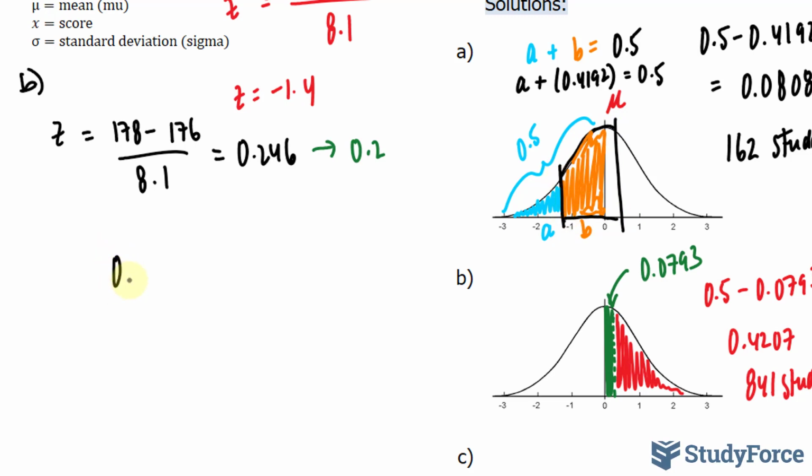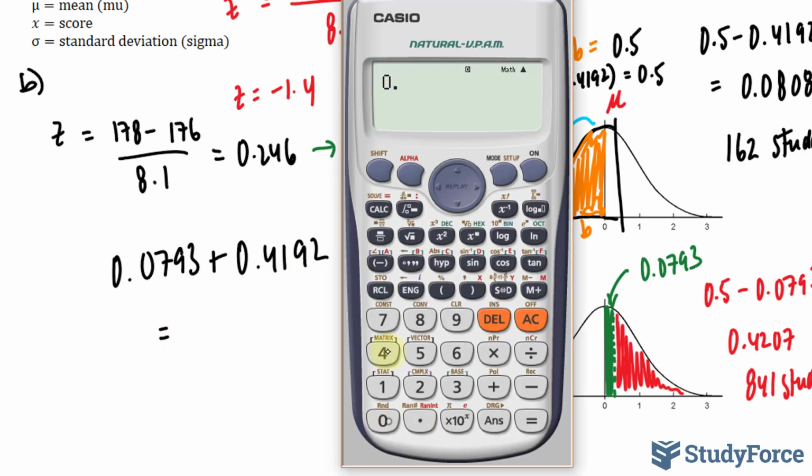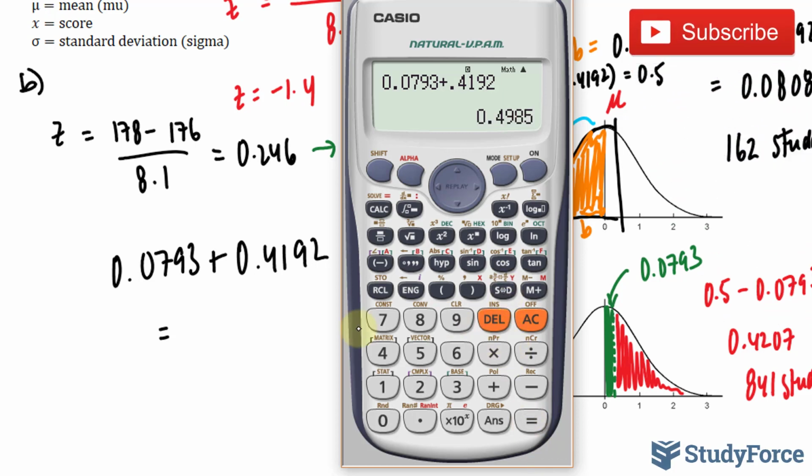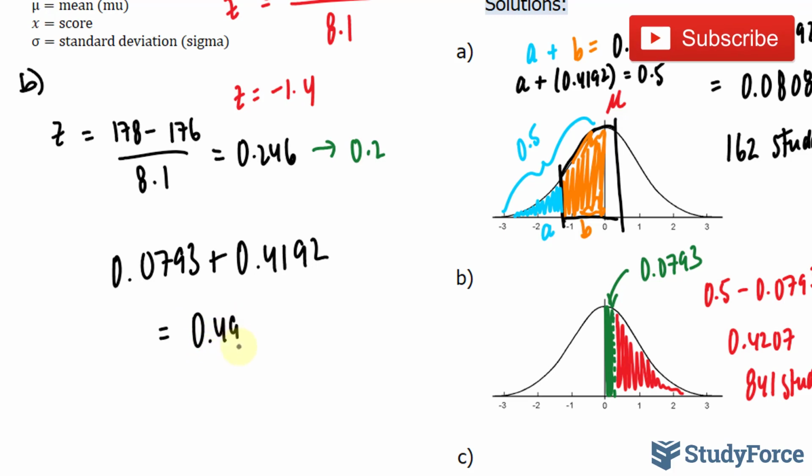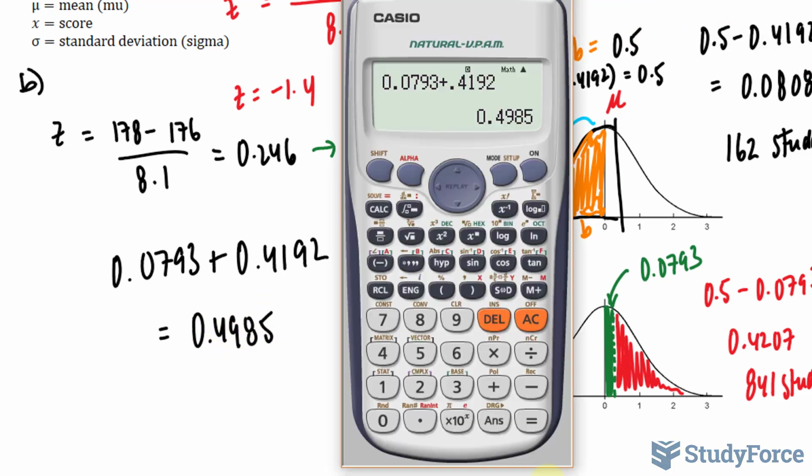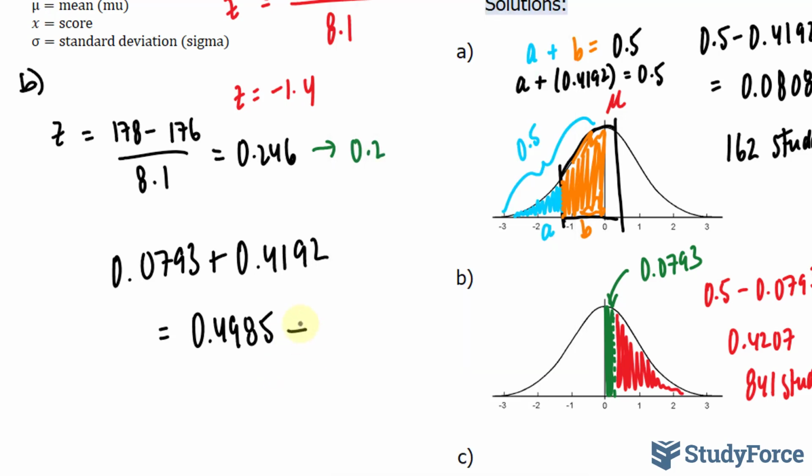So I'll take 0.0793 plus what I found out for B earlier, 0.4192, using my calculator. 0.0793 plus 0.4192 gives me 0.4985. Multiply that by 2,000, and that gives me exactly 997 students.